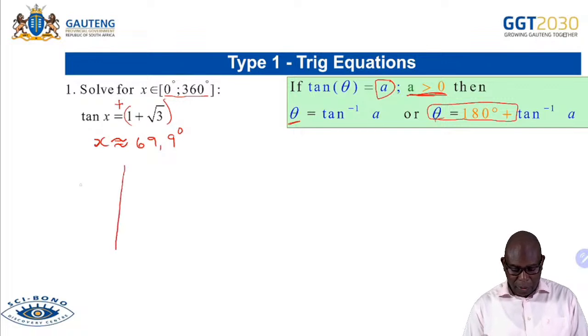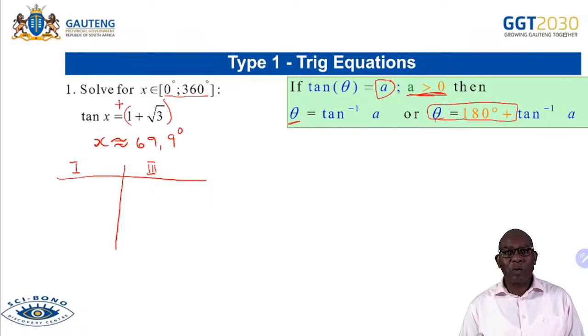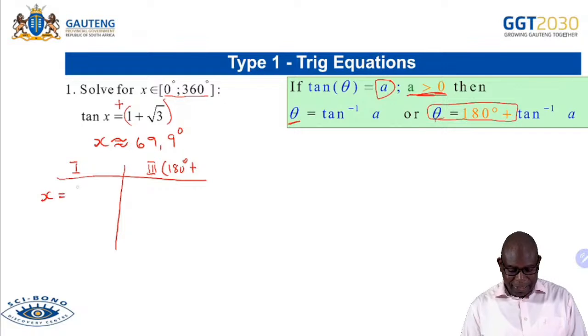I'll then draw a table and say, tan is positive in the first quadrant, tan is positive in the third quadrant. In the first quadrant, I don't use any reduction formula. But in the third quadrant, I use 180 degrees plus. Then I'll say in the first quadrant, my solution will be 69.9 degrees.